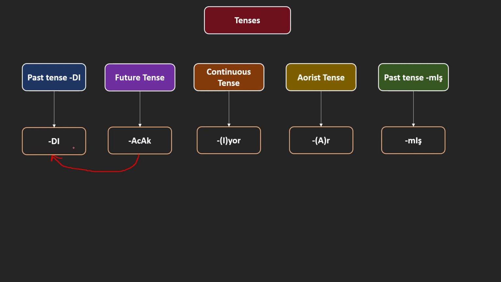Yapacaktım. So acaktı. And again we will combine this. Yapıyordu. We will put ıyor on the dı. So we will combine continuous tense with past tense and future tense with past tense.